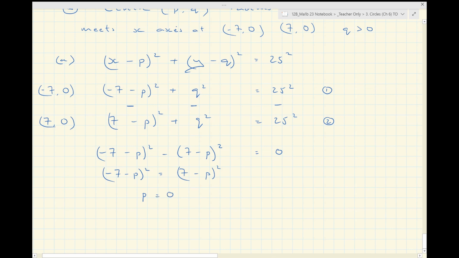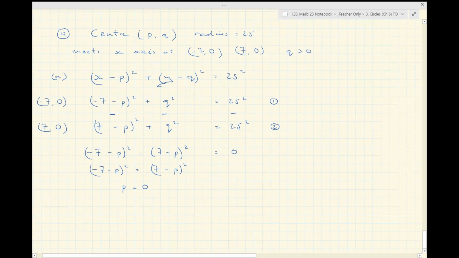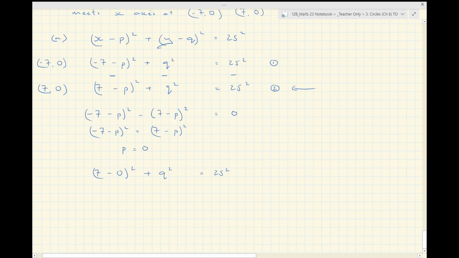If p is 0, let's look at equation 2. If p equals 0 in equation 2, then I'm going to have 7 minus 0 squared plus q squared equals 25 squared. So that's 49 plus q squared equals 25 squared. So q squared will be 25 squared minus 49, which on my calculator is 576.